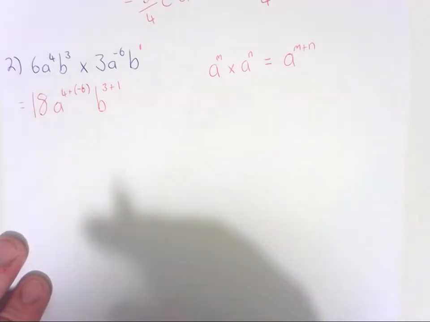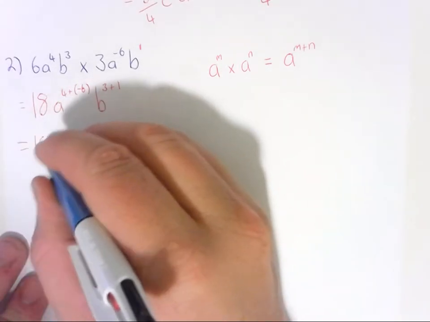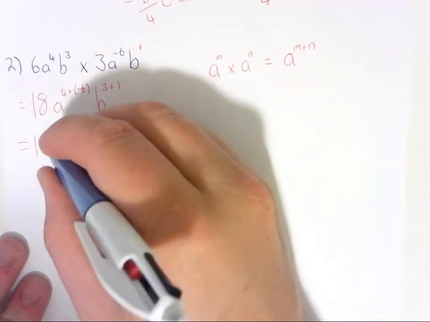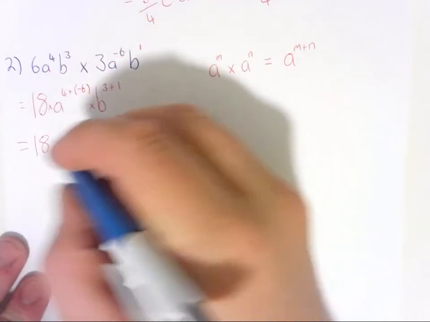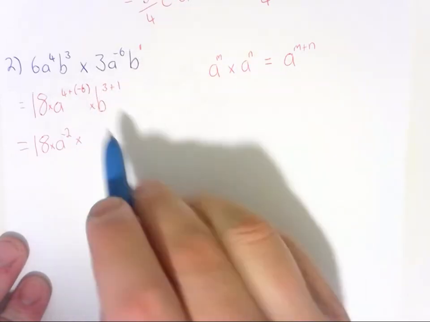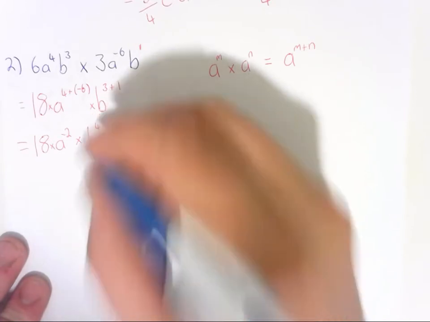My first line of working out becomes 18. 4 plus negative 6 is negative 2. Remember these are all times, I'm just going to chuck those in: 18 times a^-2 times 3 plus 1, which is b^4.